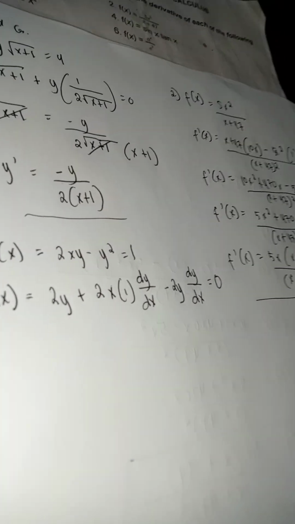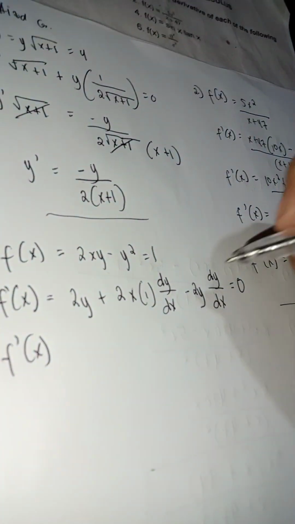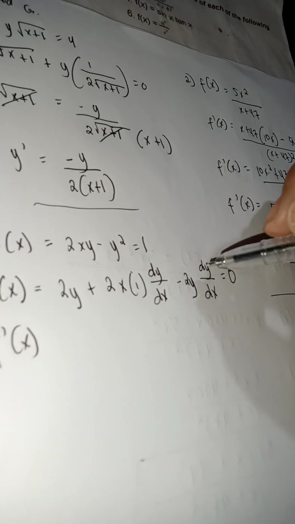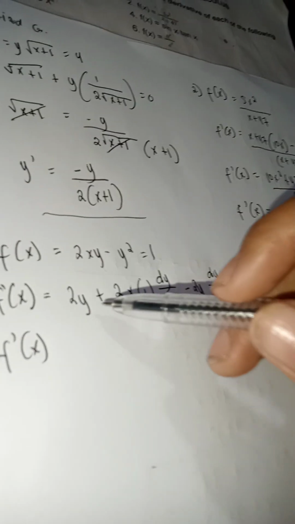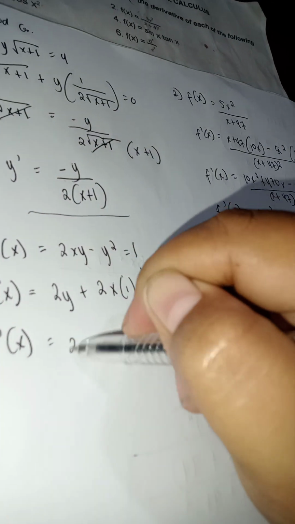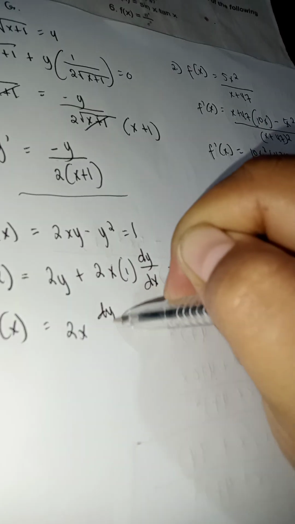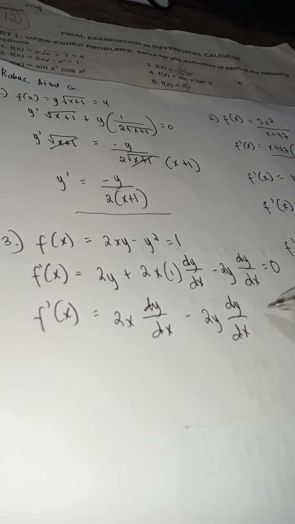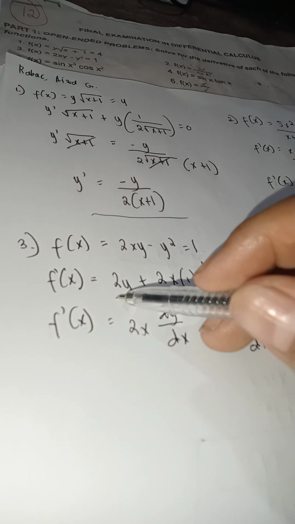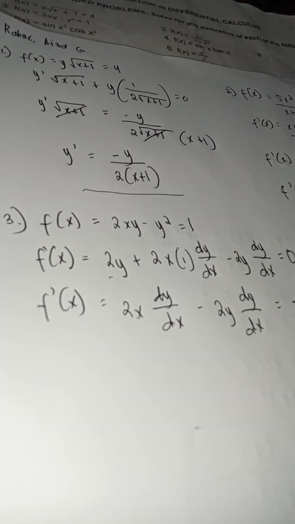Next, we are going to move the terms without dy over dx to the right side. So we copy 2x times 1, so 2x dy over dx minus 2y dy over dx is equal to negative 2y.